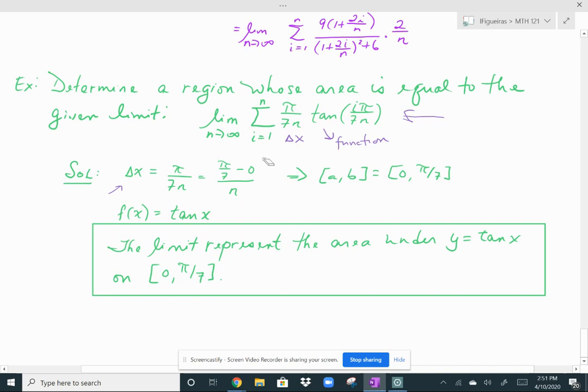So therefore, we know that our area is defined on this interval from 0 to pi over 7. And our function is just your tangent. So the limit in the original problem represents the area under y equal to tangent of x on the interval from 0 to pi over 7.